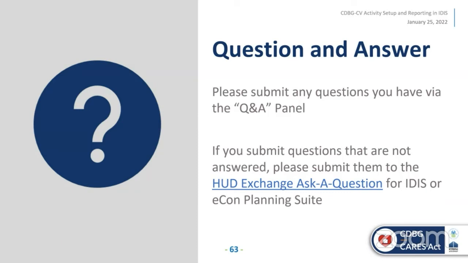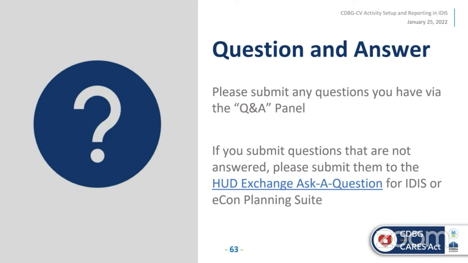So if there were 10, then you would set up 9 new activities, and then you would do voucher revisions to move the drawn amount to each activity where it belongs. And as long as you have funds that are still not spent in your grant, you can fund the activity where you're revising the voucher to make sure that you can move that voucher, or that portion of the voucher, over to that activity. So that's something that can be fixed, and the sooner the better when it comes to fixing those kinds of things. But you can also send in and ask a question, and we can give you specific directions on how to do that.